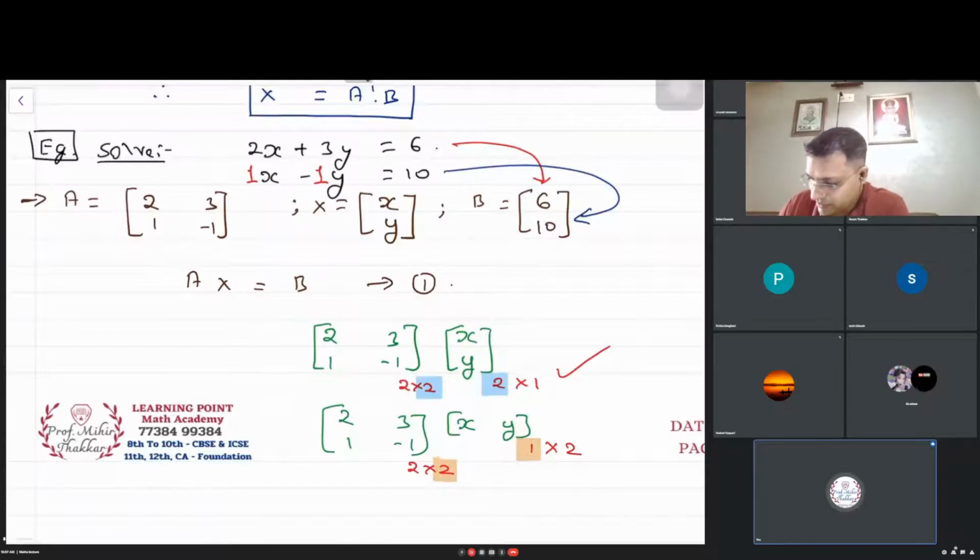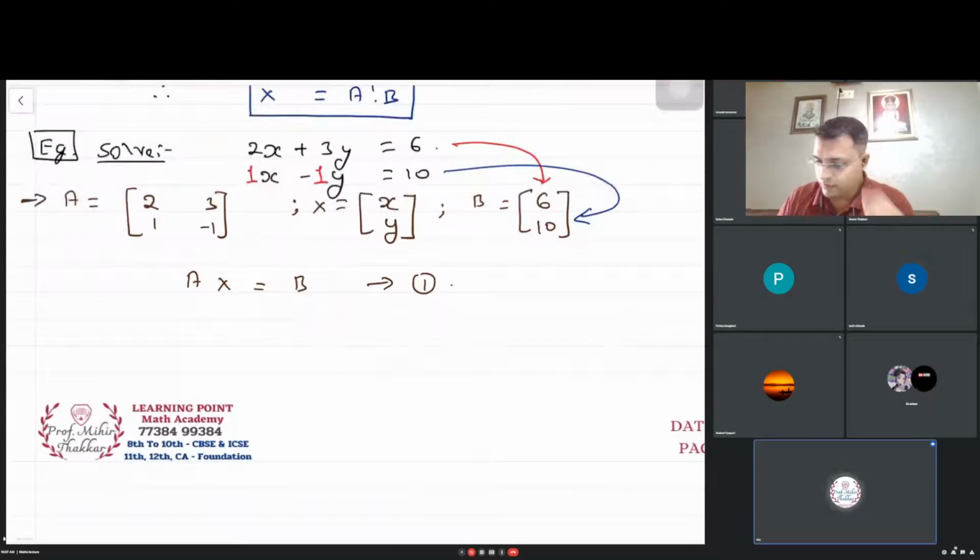Therefore multiplication of these matrices is not possible. So this condition will completely fail if I don't take the matrix X as a column matrix. Therefore, guys, we have to remember that matrix X is always a column matrix and it is never a row matrix. So I hope everybody has understood why X is a column matrix.